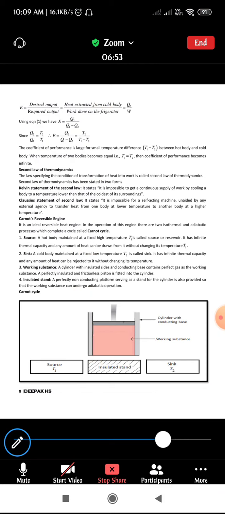So the cylinder is placed on the insulated stand, and this cylinder encloses the ideal gas, or the perfect gas, and the piston is perfectly insulated and frictionless.